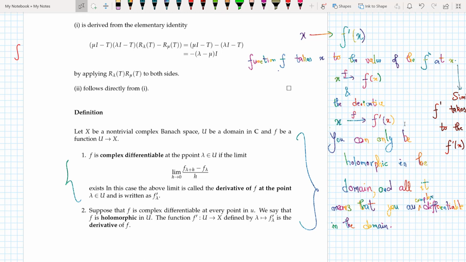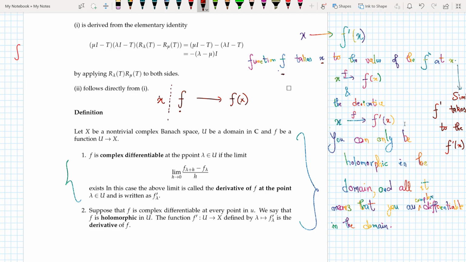A function f takes x to the value of the function at x. So if I have an x and I apply f to it, what's really happening is that this function is taking x to its value at x.